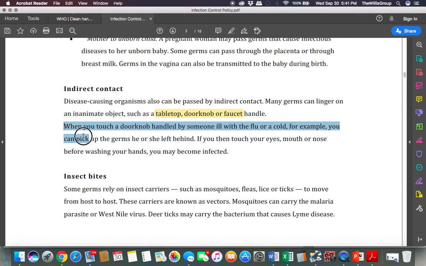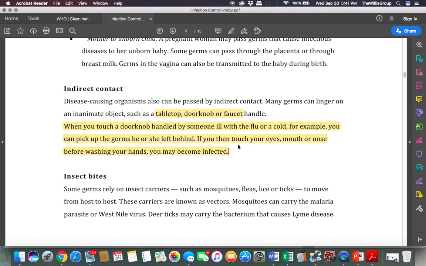So then, we're talking about frequent hand washing, and the reason is because you've touched that surface that someone who may have been sick may have touched, and then you go and rub your eyes, or even if you cough, you're then touching your mouth or your nose.